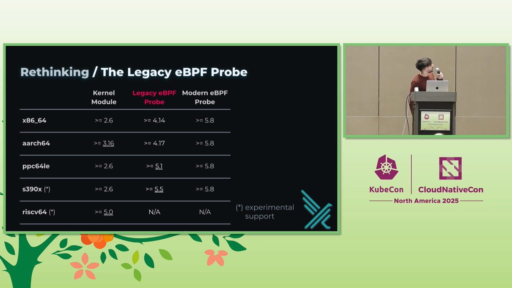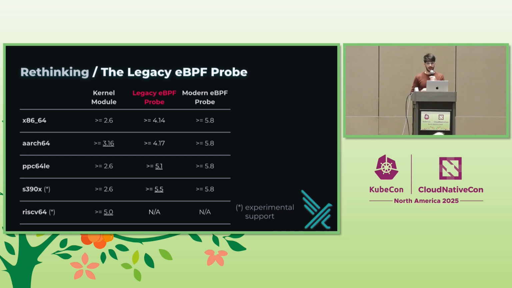The first thing that you can notice from this slide, the kernel coverage matrix, is that with the kernel module and with the modern eBPF probe, we already provide full coverage starting from kernel 2.6 on the majority of architectures.